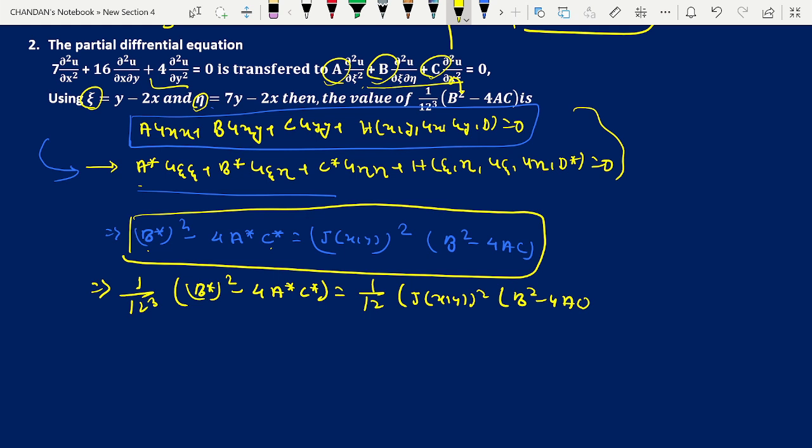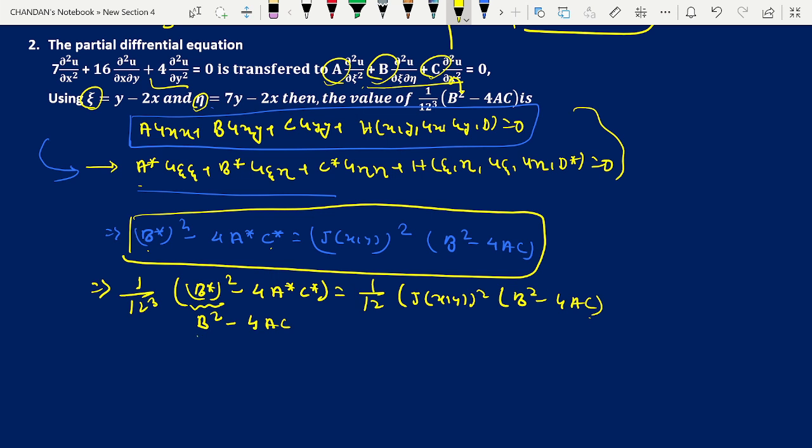Same thing here, b star we write as b, then we get b squared, and here 4ac. So here is a difference. This b, a and c work for the main equation, and these b star, a star and c star work for the partial differential equation after the transform. Okay, so what is the Jacobian?